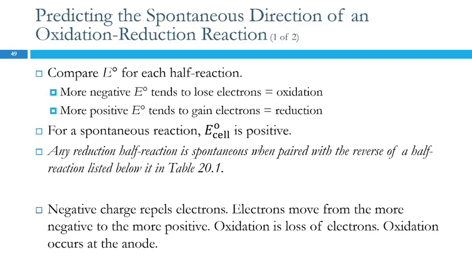The positive's attracting the electrons, it's going to gain the electrons. So for a spontaneous reaction, the cell potential is going to be positive. So one way we can think about this is any reduction half reaction is going to be spontaneous when paired with the reverse of a half reaction below.